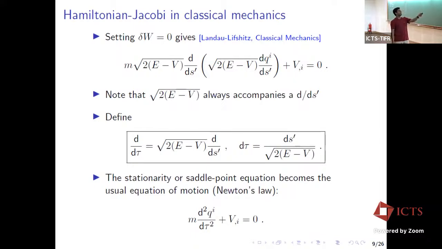Where this is the parameter E, which now with our classical mechanics background we can identify with energy, and V is the potential along the path. And this is the derivative of the potential. So we define a new parameter tau along the path through this. And as you can see, this equation just reduces to the usual equation of motion for a particle traveling in flat space subject to a potential, which is nothing but Newton's law.